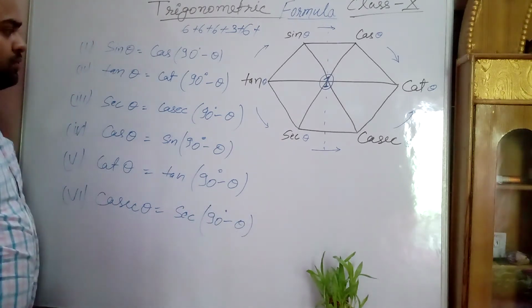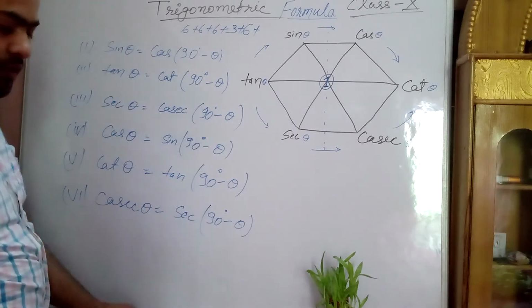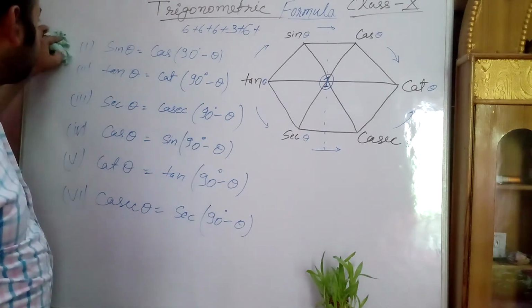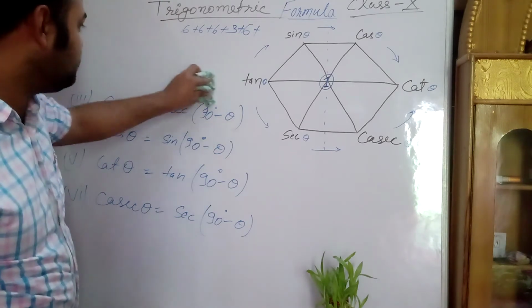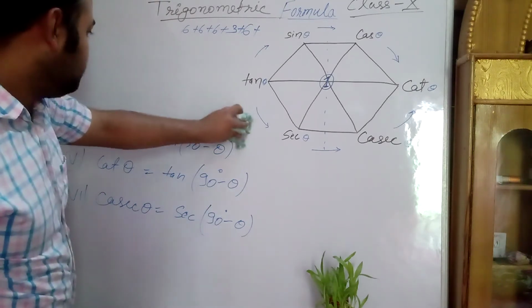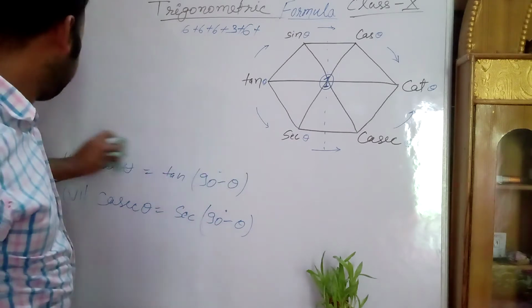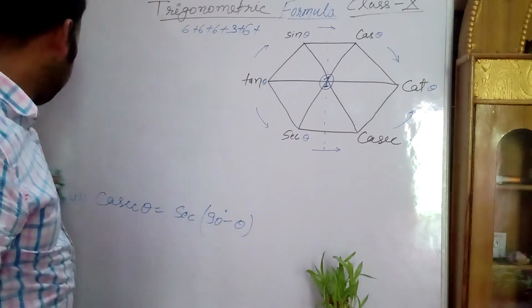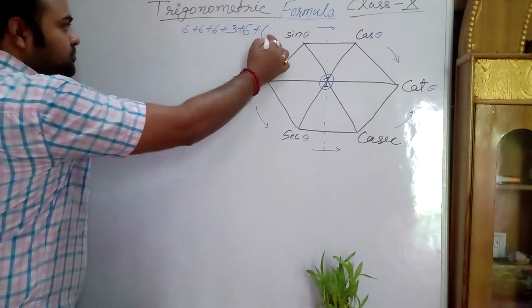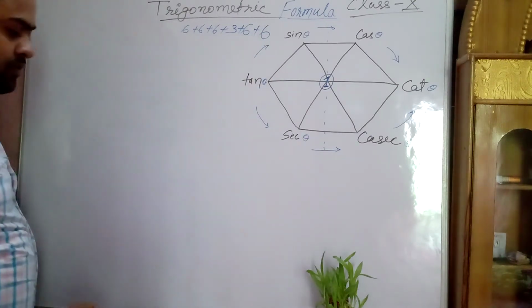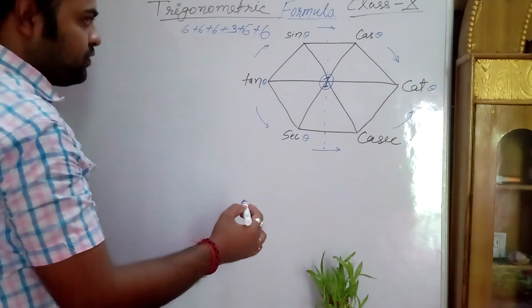We have got these 6 formulas of the complementary angles.